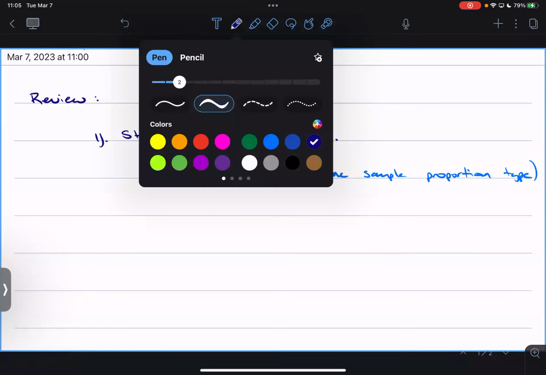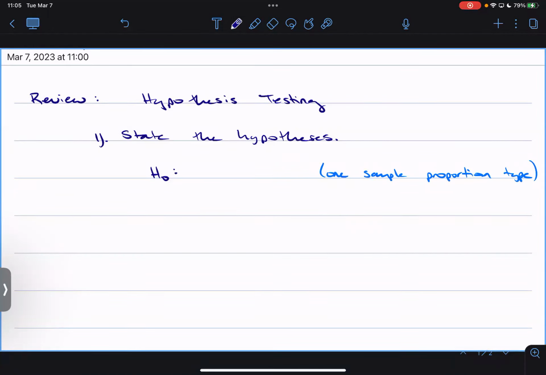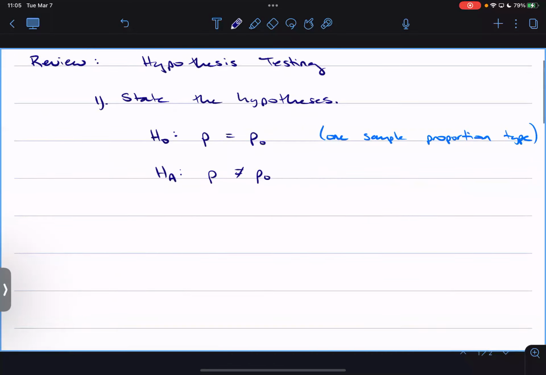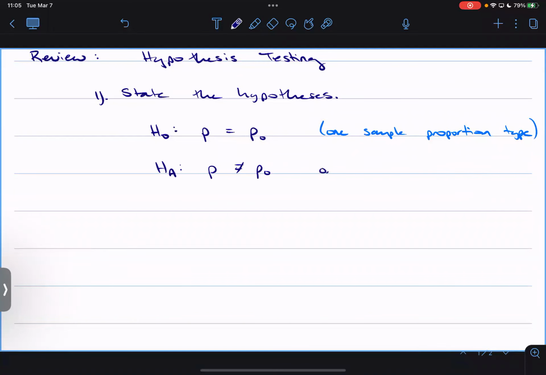If it's one sample proportion, which means that you have just one sample and you want to analyze a proportion from that sample, then you're going to have P is equal to some hypothesized proportion P naught. And then the alternative hypothesis is going to be that P is not equal to P naught, or less than or greater than.